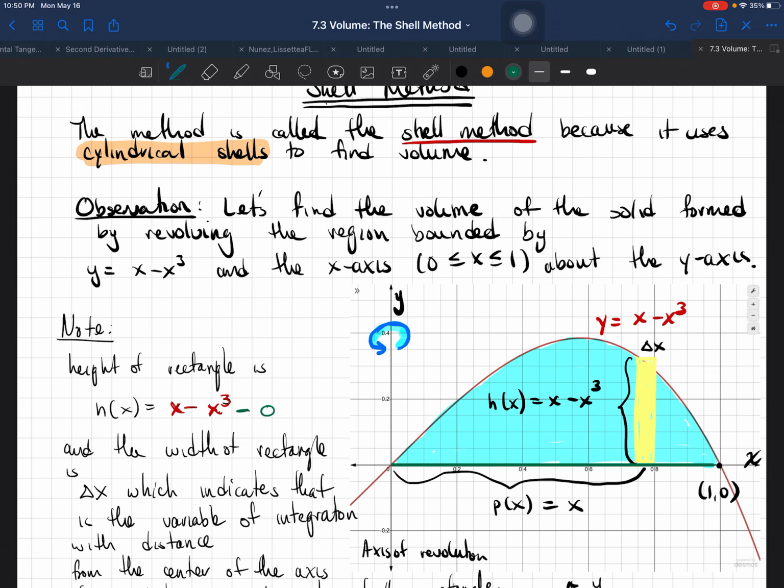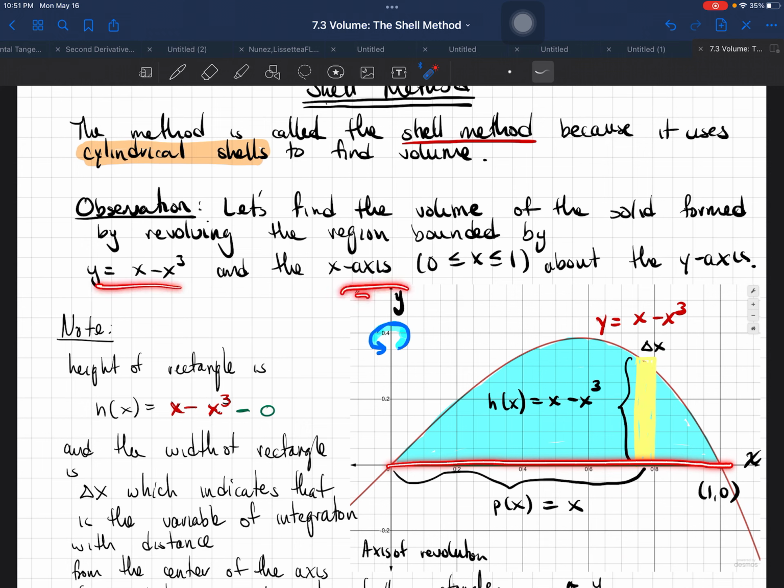In the next example, we're going to find the volume of the solid formed by revolving the region bounded by this given function and the x-axis. So here is the function, and it is being bounded by that function and the x-axis.